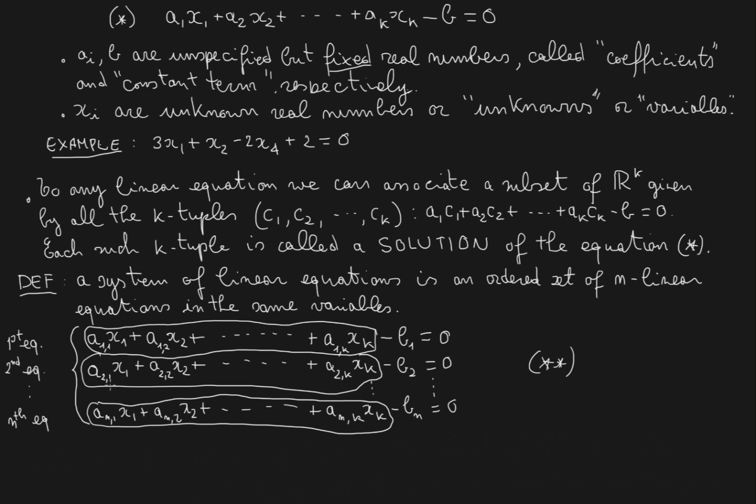So on as we go along with the equations until the last one, which is the nth, and we will have an,1 x1 plus an,2 x2, and so on, the last one being an,k xk minus bn. So as you notice, here we have a bunch of coefficients depending on two indices.